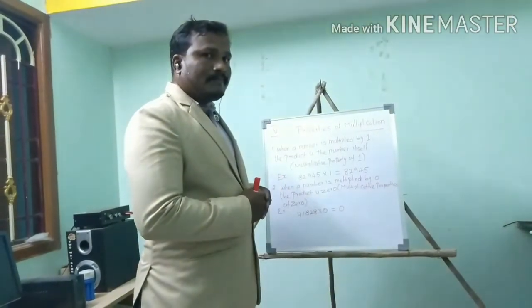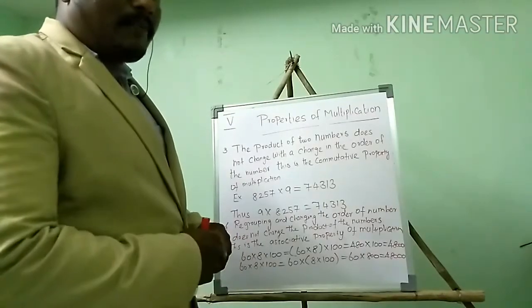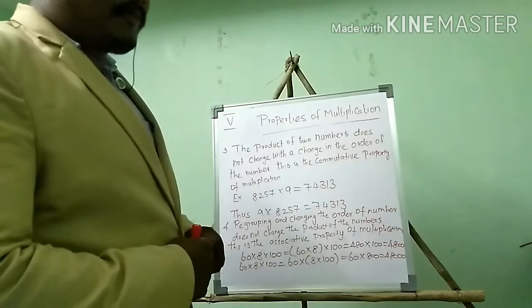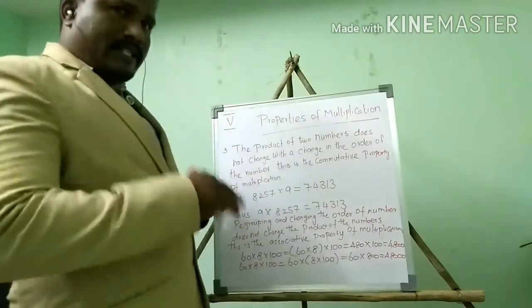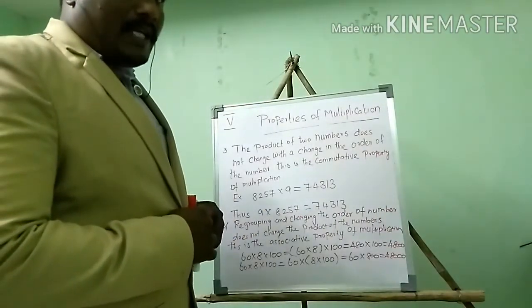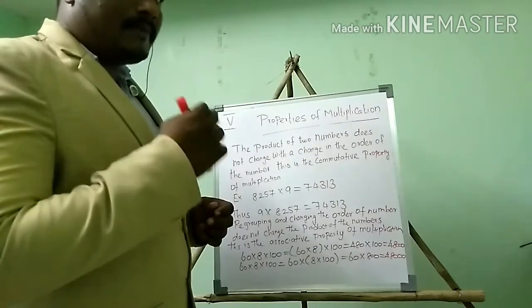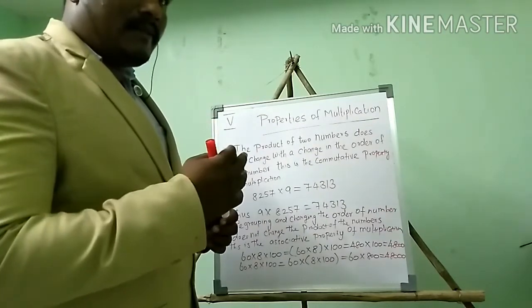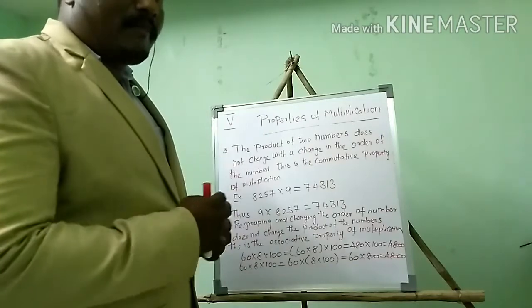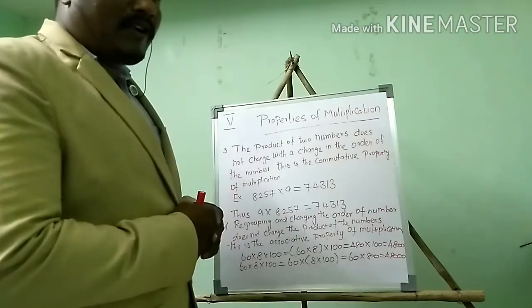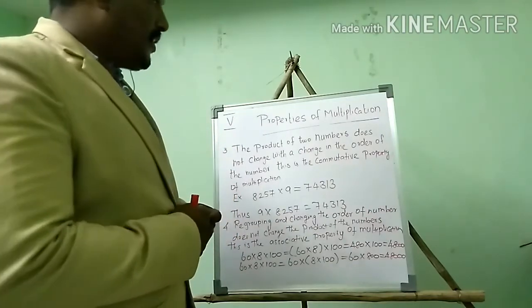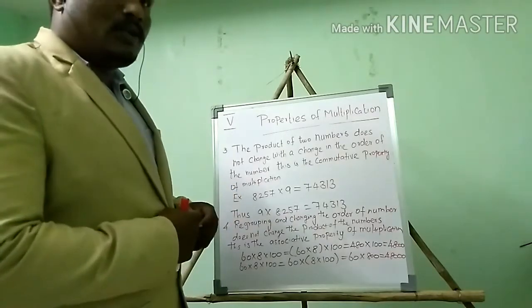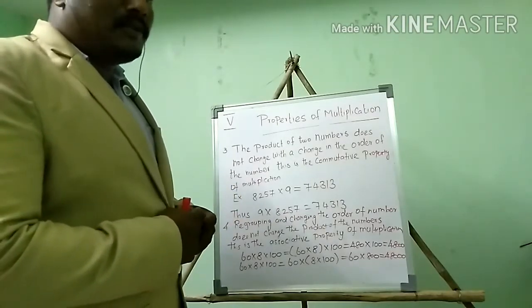Let me see the third property. We saw the first property, the multiplicative property of 1, and the second, the multiplicative property of 0. Then the third property is the commutative property.